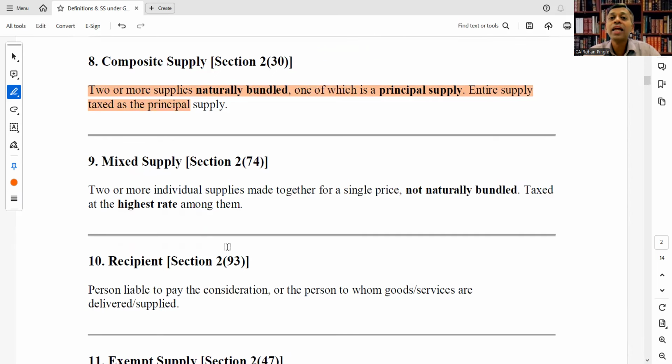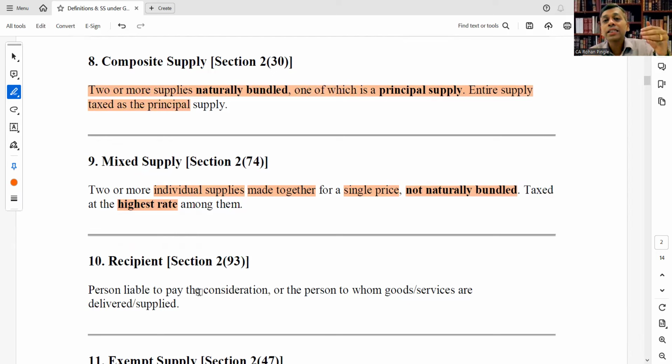Mixed supply, other than the composite supply. Two or more individual supplies made together, not naturally bundled. Made together for a single price; saying not naturally bundled is important. Composite supply is naturally bundled, whereas mixed supply is not naturally bundled. It is made together for a single price, taxed at the highest rate among them.